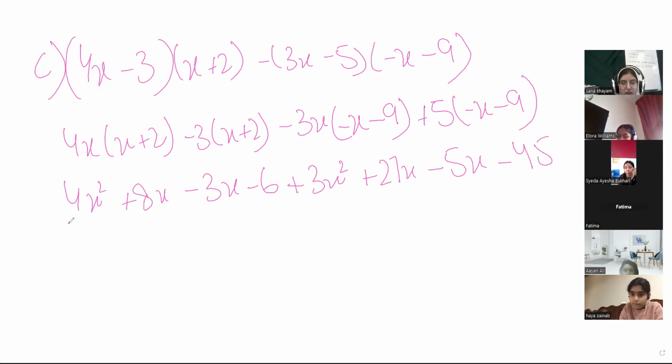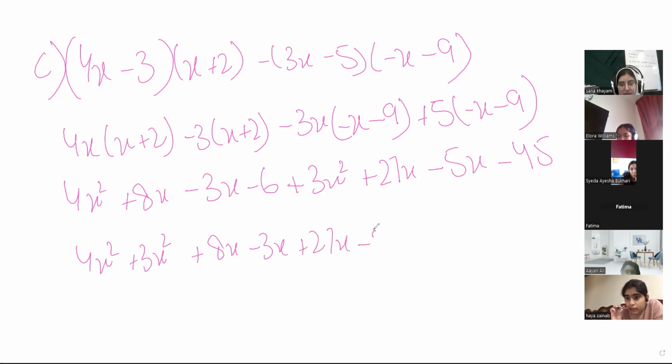Okay. Now we have to bring down the values that have x square to one side and arrange them in the quadratic form. So let's do it. 4x square plus 3x square plus 8x minus 3x plus 27x minus 5x minus 6 minus 45.